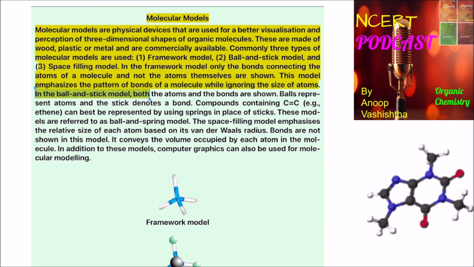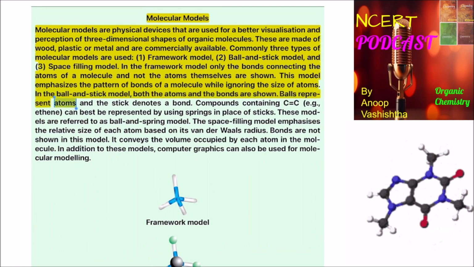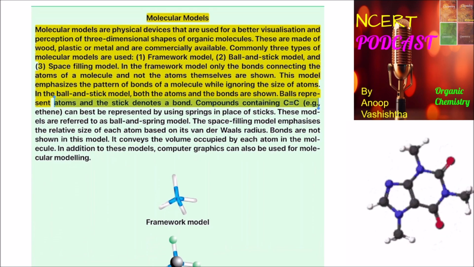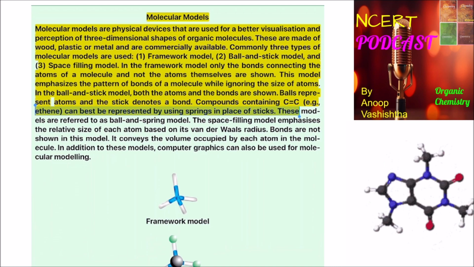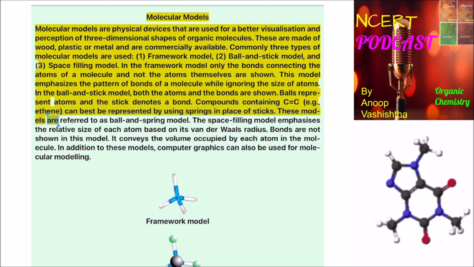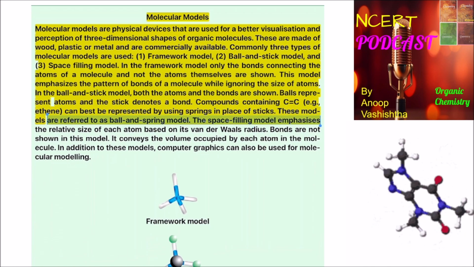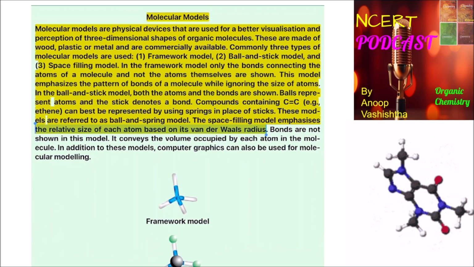In the ball and stick model, both the atoms and the bonds are shown. Balls represent atoms and the stick denotes a bond. Compounds containing C double bond C, for example ethene, can best be represented by using springs in place of sticks. These models are referred to as ball and spring model. The space-filling model emphasizes the relative size of each atom based on its van der Waals radius.